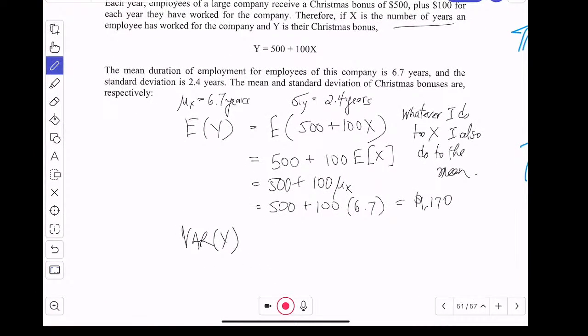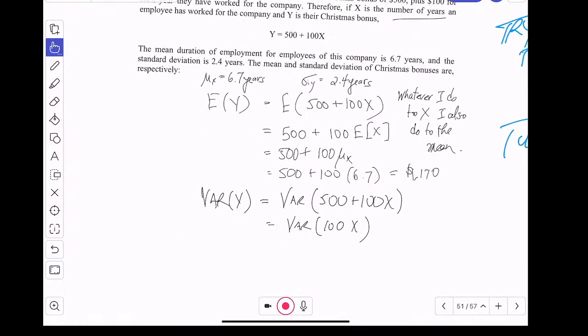So the variance of y is equal to the variance of 500 plus 100x, but we discussed this, that the variance operator eliminates the constant. Variance is not influenced by a shift term. It's just influenced by the scalar term.